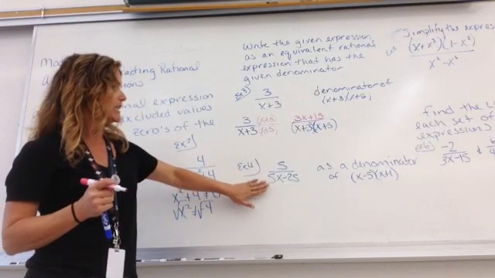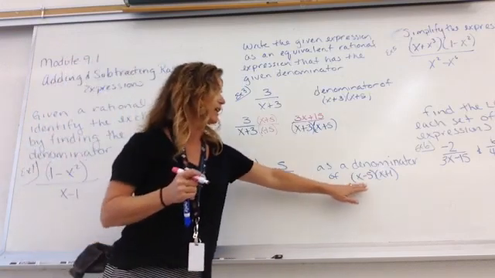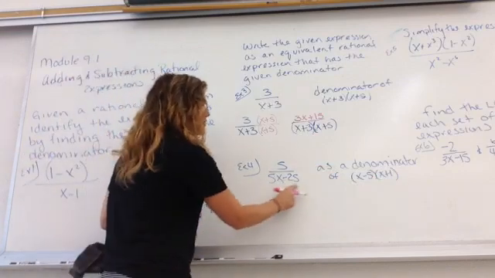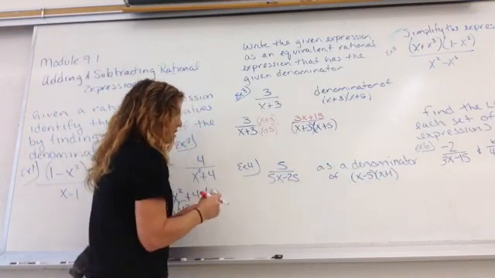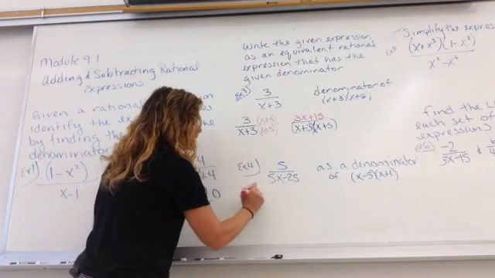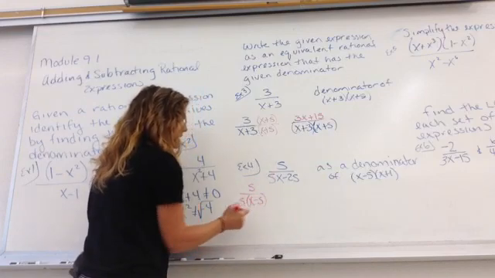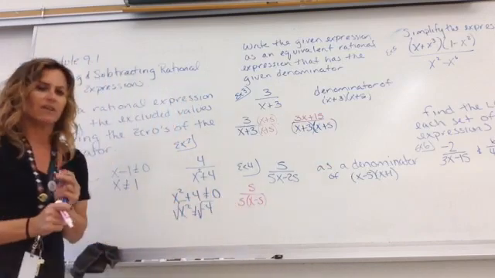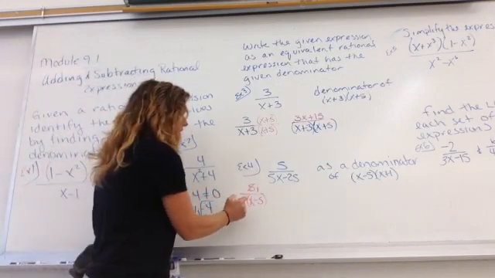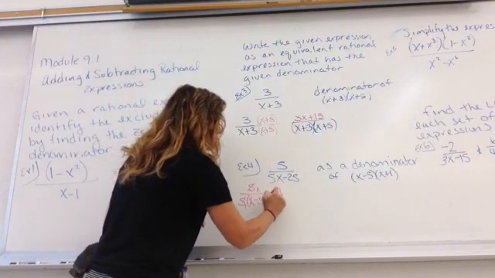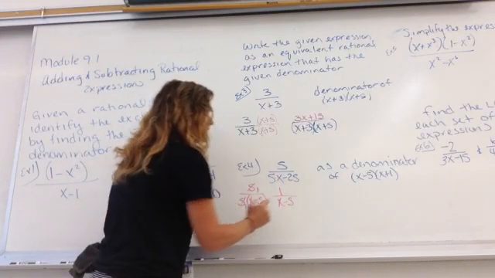So example 4, we're going to take this one and make it have a denominator of x minus 5 times x plus 1. First things first, we have to actually simplify this denominator. So we factor out the 5, and we get x minus 5 on the inside. What happens to my 5s? They cancel. Remember, when they cancel, they don't just disappear. It becomes a 1. So the reduced one now is 1 over x minus 5.